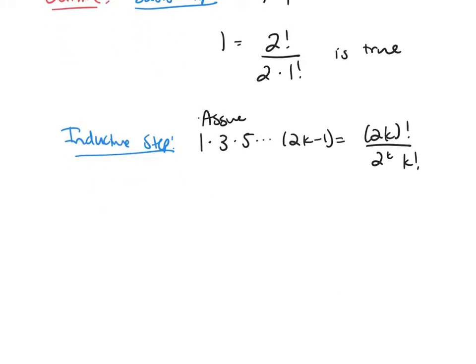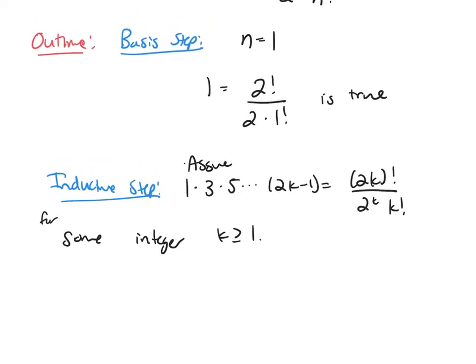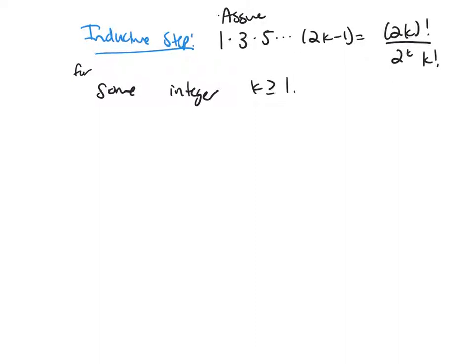This is for some positive integer, or you can say integer k greater than or equal to 1. And then what do I need in the end? I need to show that this formula is true up here for k plus 1.